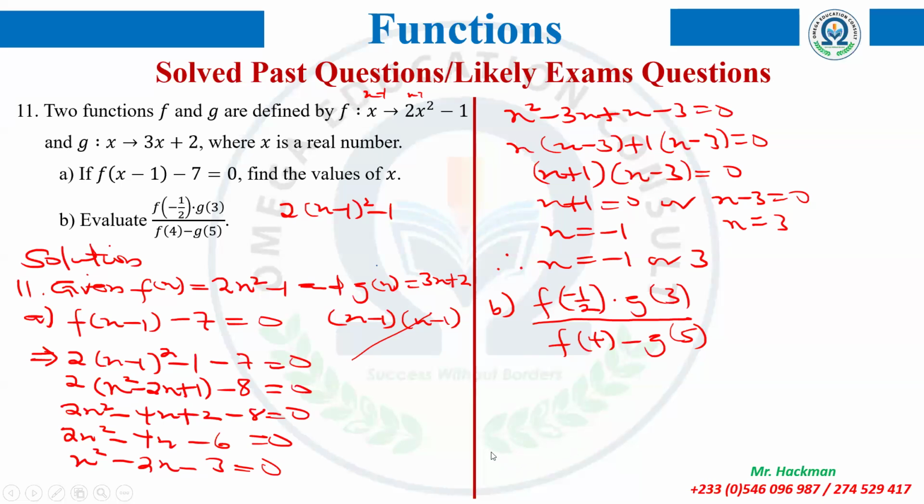Then you write therefore: whatever you were given here is equal to your simplified result for f of minus half, times (the dot here is times) your result for g of 3, which will be a value as well, all over the value of f of 4 minus the value of g of 5. Then you work with the numbers that you have there, looking at it in the order of operation situation. Is my point well made?